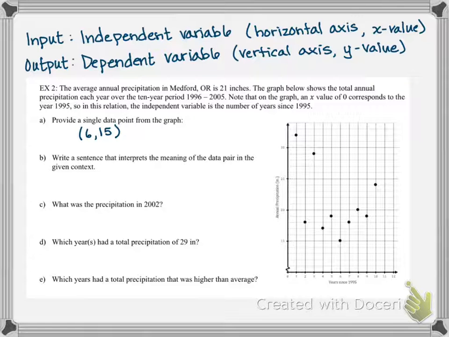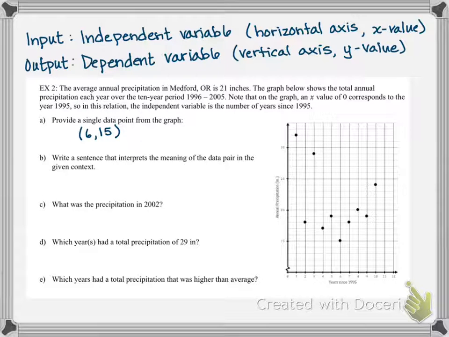So we are told the average annual precipitation of Medford, Oregon, which is 21 inches a year, which isn't on our graph anywhere because that's just an average. And then the graph shows us the total annual precipitation each year over the 10-year period from 1996 to 2005. So each of those points corresponds to one of those 10 years.